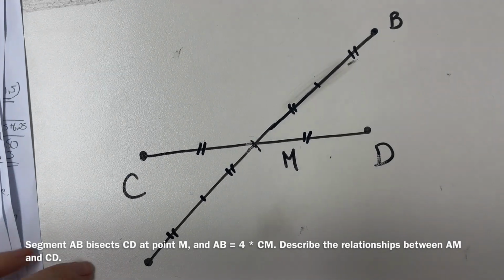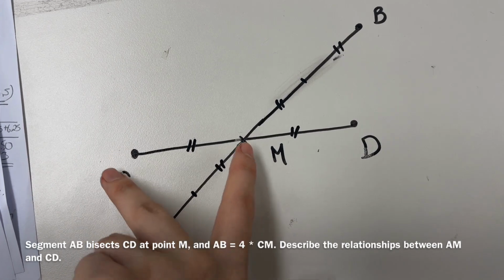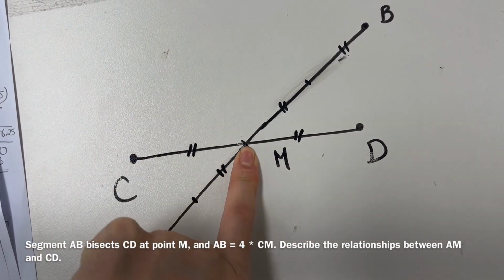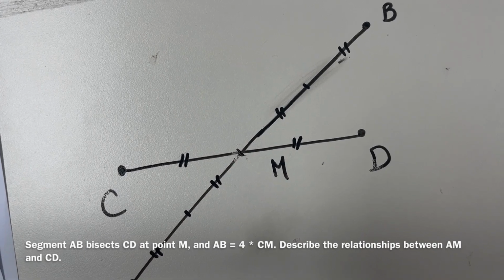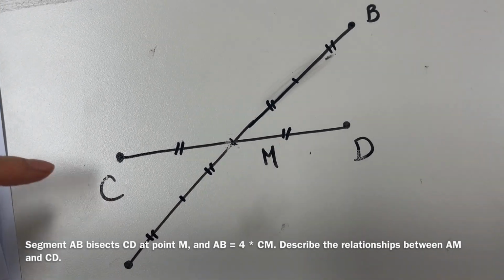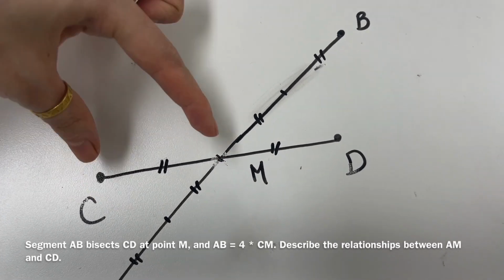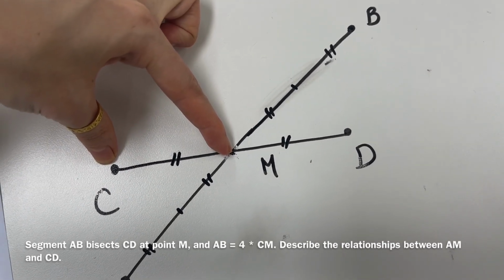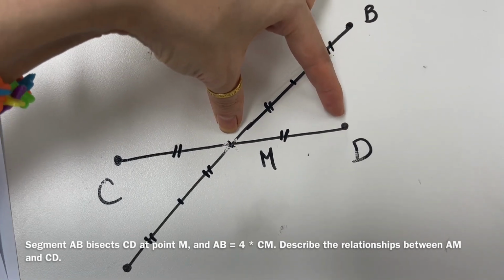And AB doesn't actually have to be perpendicular, correct? We just need to make sure that the point of intersection is our midpoint, and it is M. Now, we know that AB equals 4 times CM. So if we have segment CM, we know that the length of CM would be congruent to the length of segment MD.